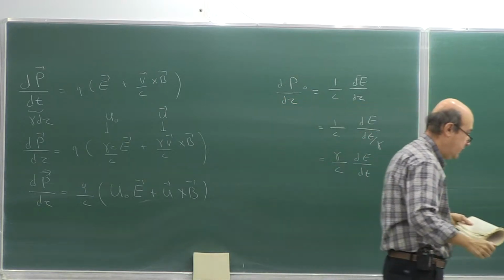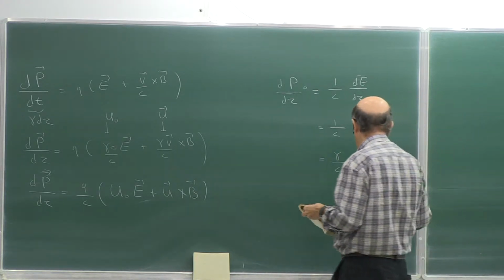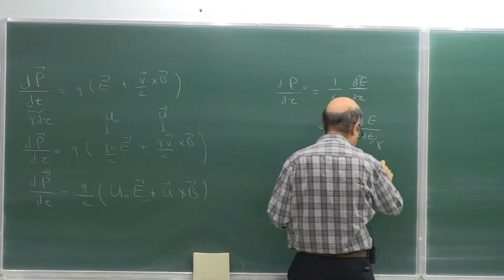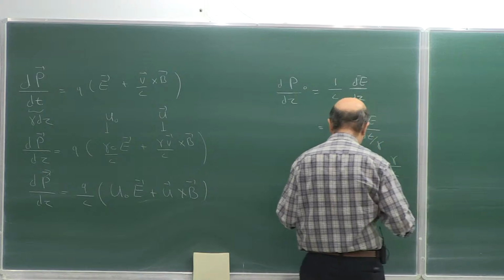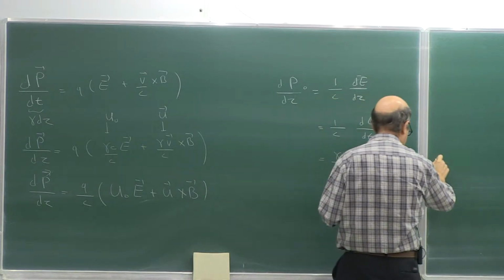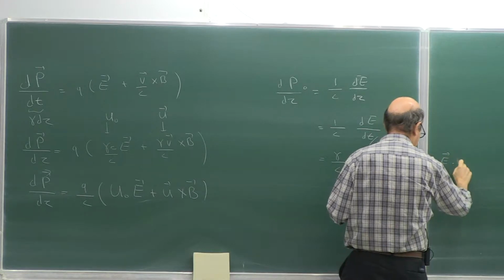It is the rate of change of the energy, which is q over gamma over c, QE dot v.